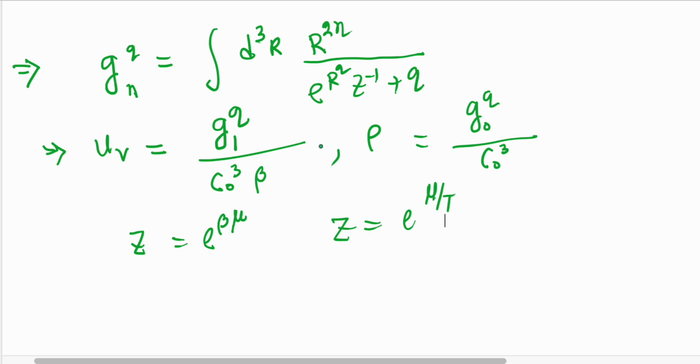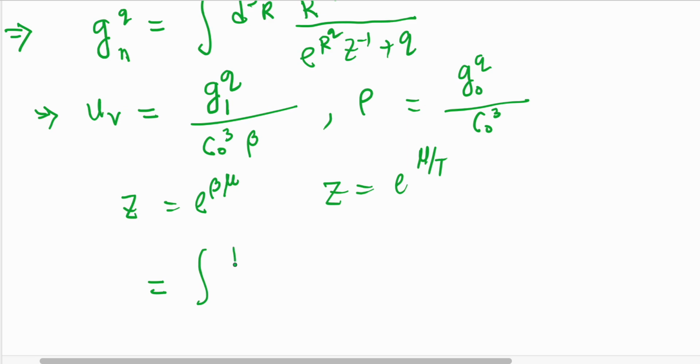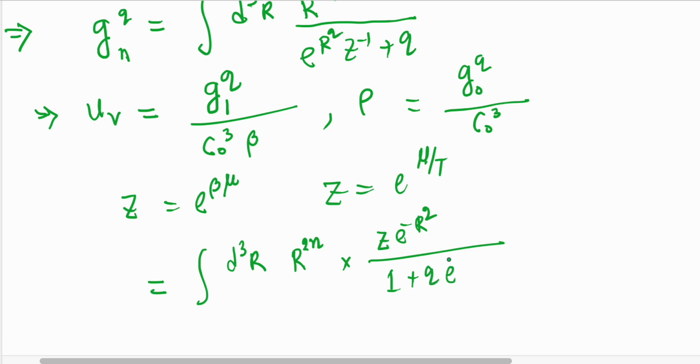So to do so, let's do it. Integration dqr r to the power 2n, if I just multiply z e to the power minus r square in both sides, it will become 1 plus q e to the power minus r square into z.